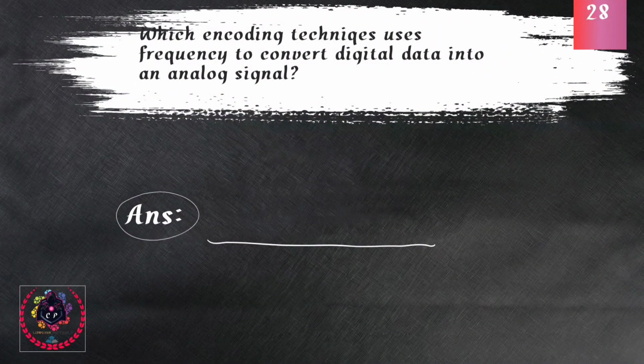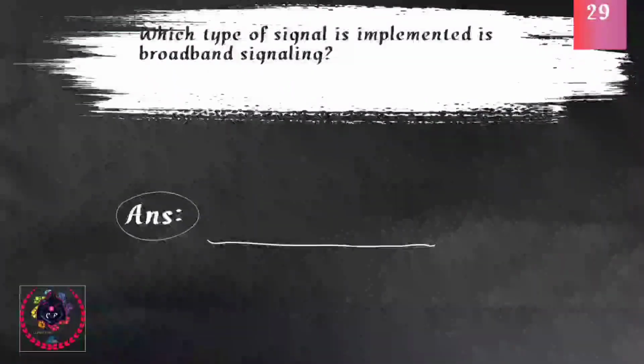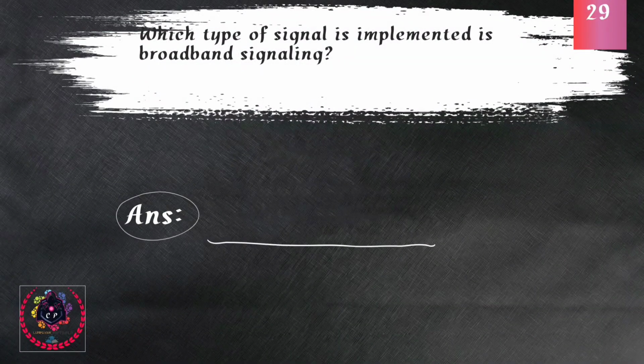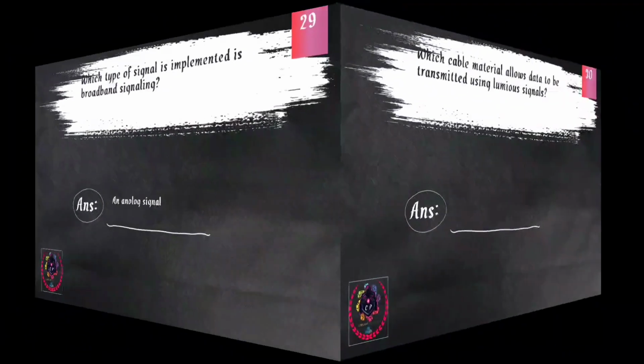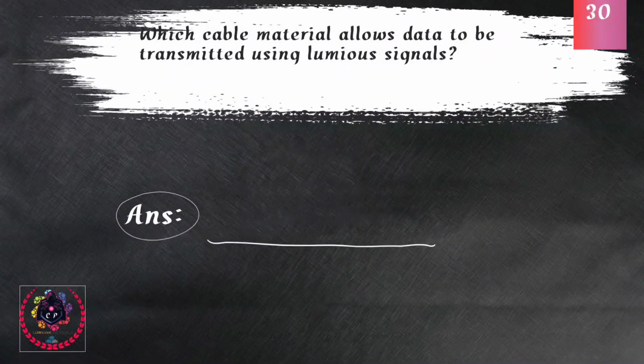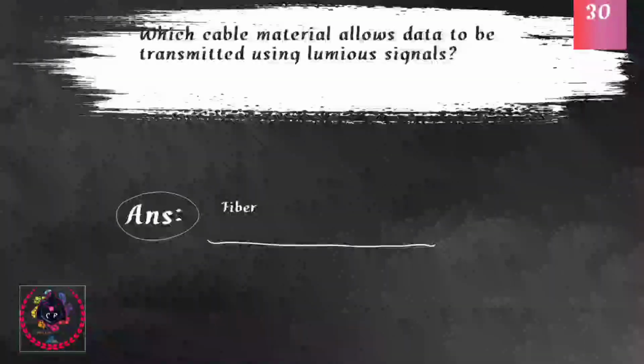Which encoding technique uses frequency to convert digital data into an analog signal? Frequency modulation. Which type of signal is implemented in broadband signaling? An analog signal. Which cable material allows data to be transmitted using luminous signals? Fiber.